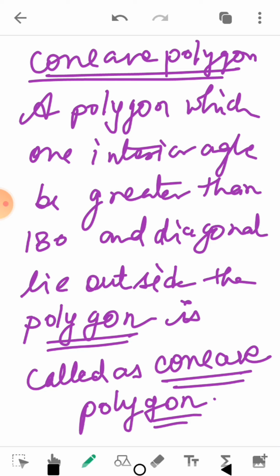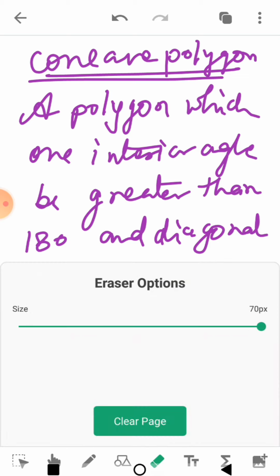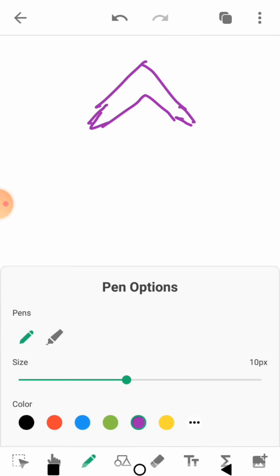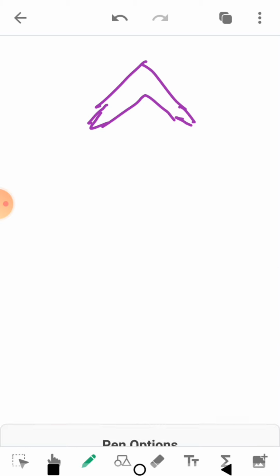What will be the figure? Now see the figure of this polygon. For example, this is concave because one angle, this angle, is greater than 180 degrees and one diagonal is outside this figure.